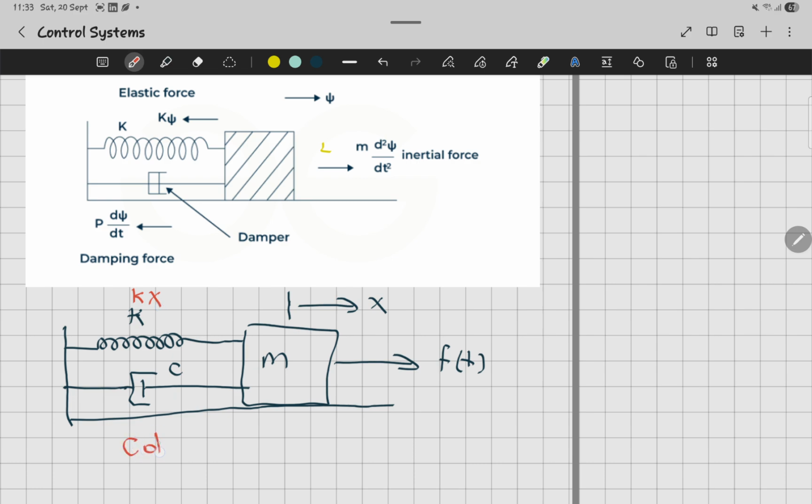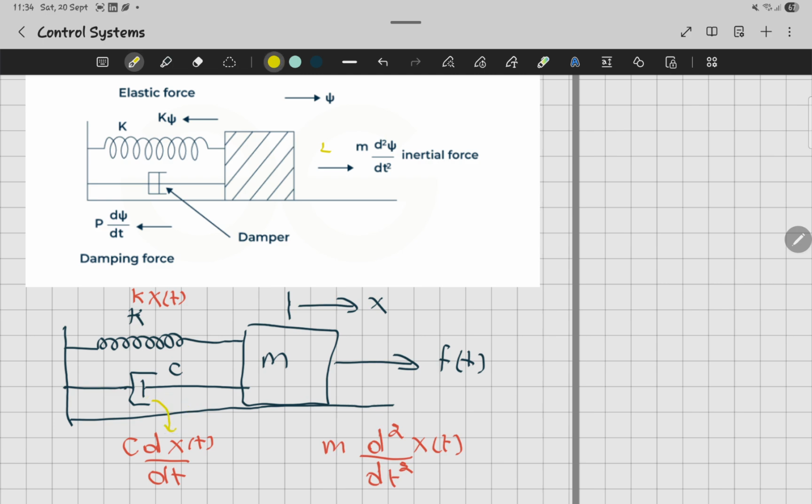You will get c dx over dt. Let me specify function of t, and for mass it's going to be something like this, d squared x over dt squared. So this is the same as what you see here.